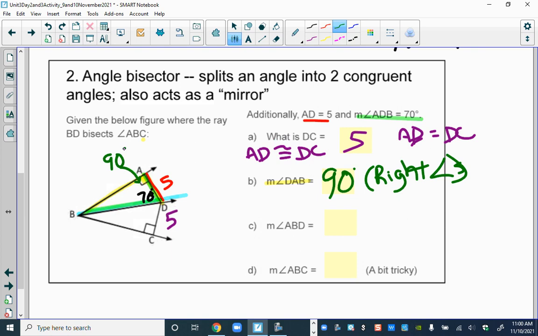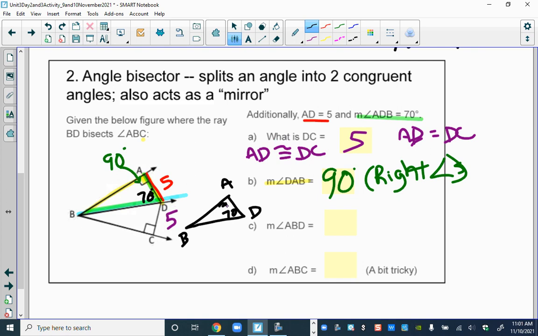So right now, here's what we know. I'm going to draw this diagram here. So we have 70. Oh, that's not going to be big enough.